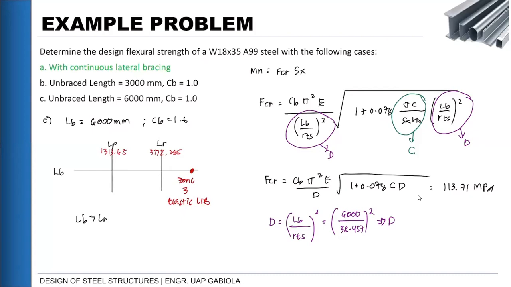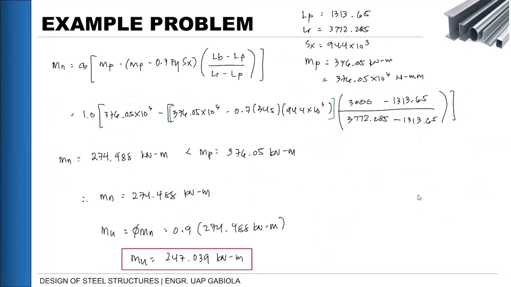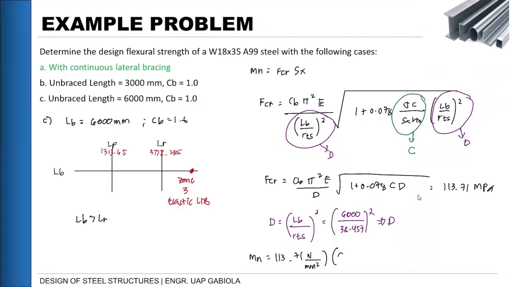Okay? So yan, since meron tayong value ng FCR, we can use na this equation to calculate for MN. So MN natin will be equals to FCR, 113.71 Newton per mm squared. Then, ang value ng SX natin, if you check dito sa previous natin, SX natin is 944 times 10 to the 3, that is mm cube.